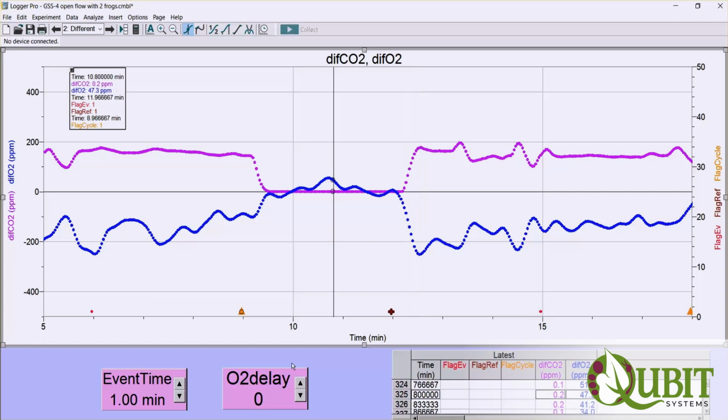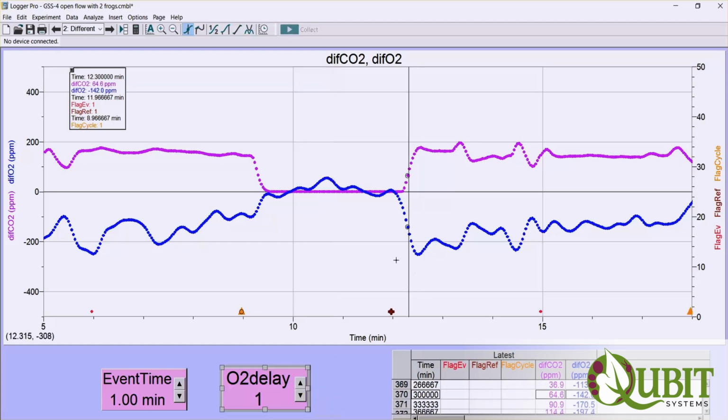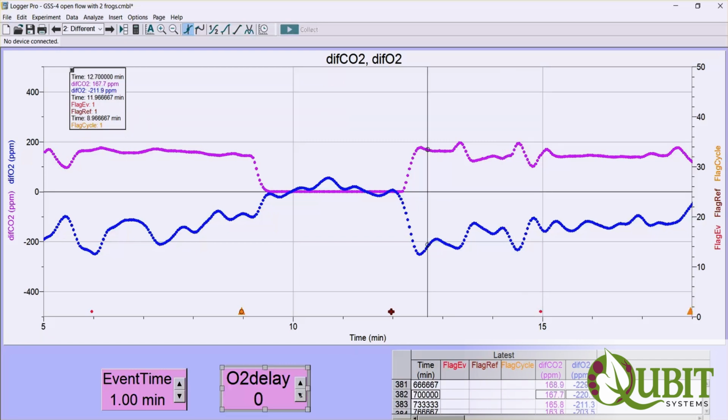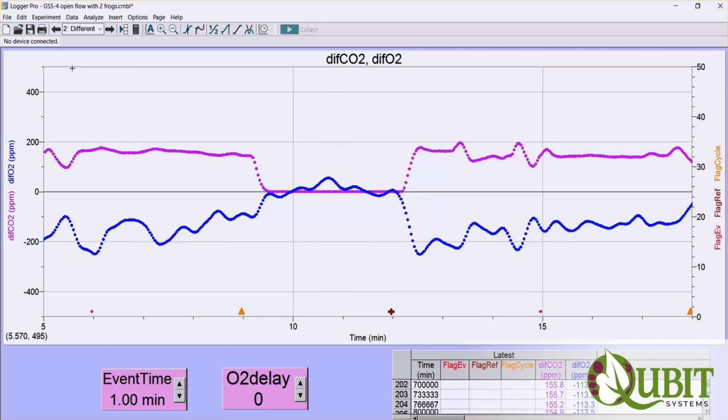However, if there was misalignment, you would adjust your O2 delay here and watch the data go back into alignment. So I've adjusted it by 1 point, and I actually misaligned it by doing it. So I'm going to go back to 0 because this particular data set does not need any alignment. It's already aligned. I'm going to close that now.